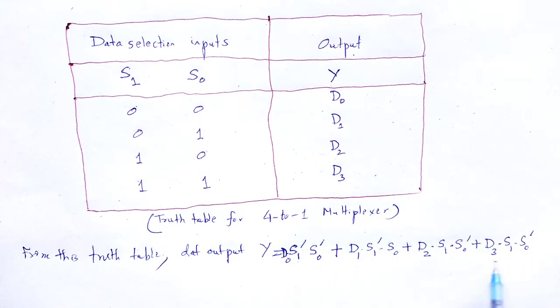By using that Boolean expression, we can easily construct the logic circuit for 4 to 1 multiplexer.